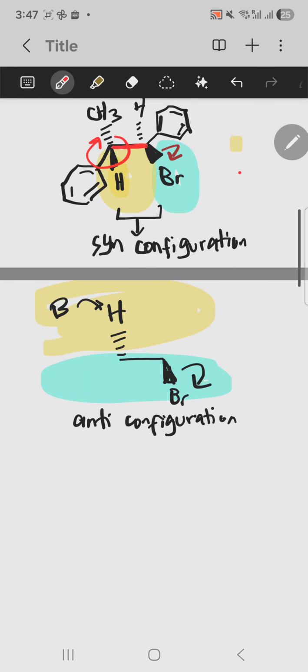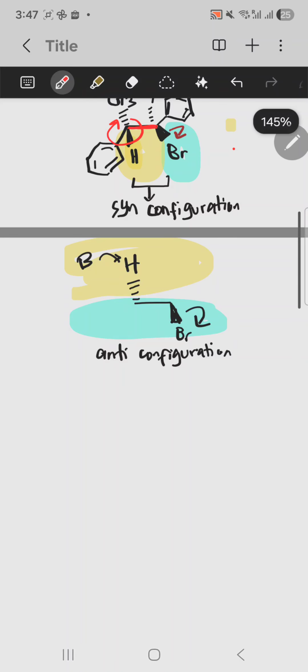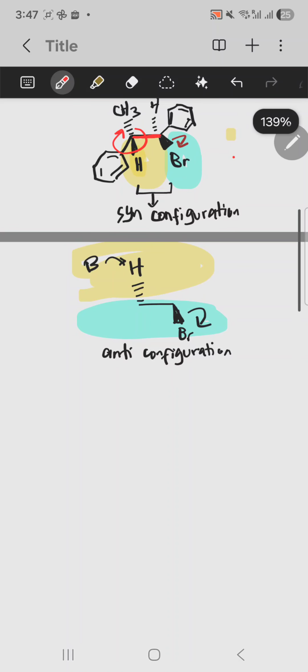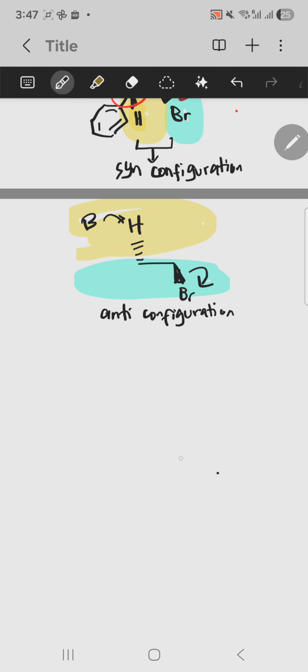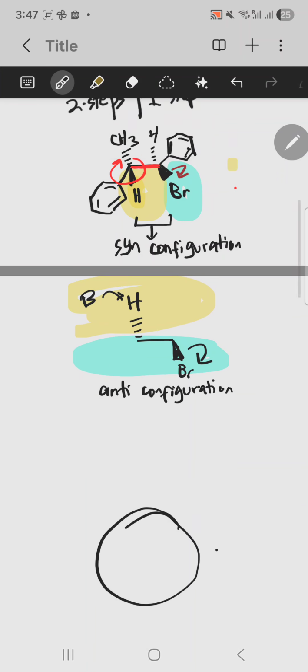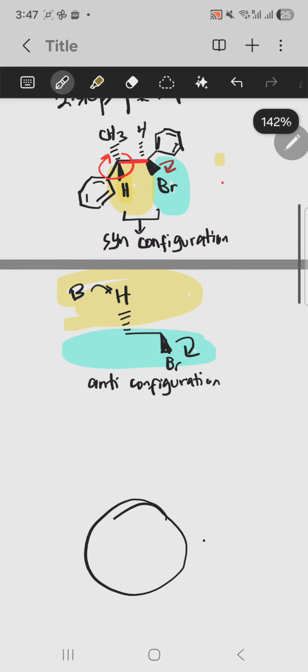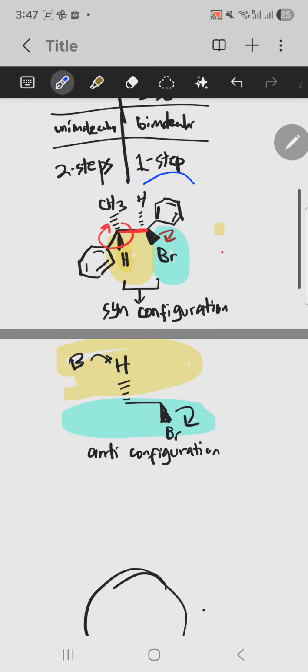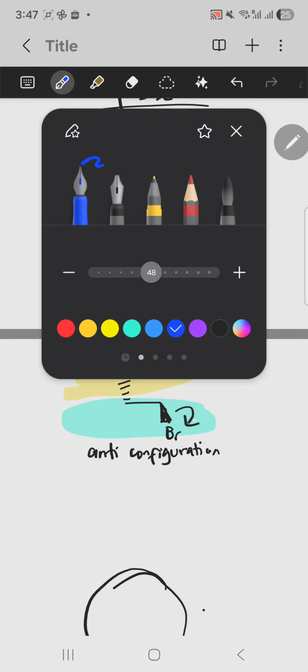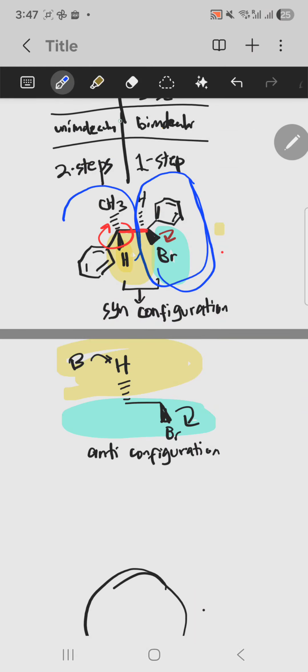It will be clearer if we draw this in Fischer projection. So imagine here we have this Fischer projection, and then I'm going to draw this side in the front, and then I'm going to draw this side in the back side.